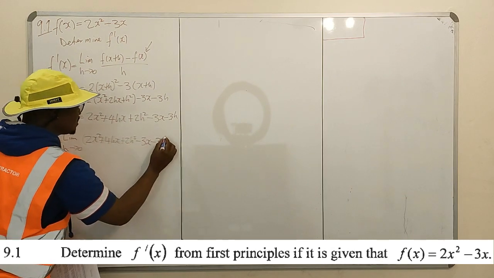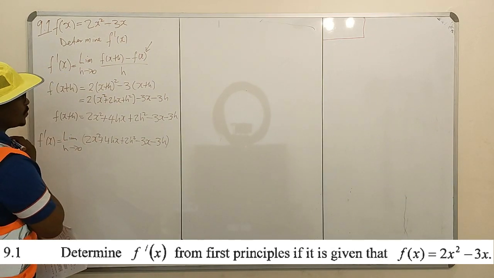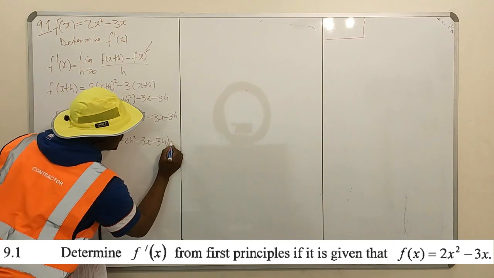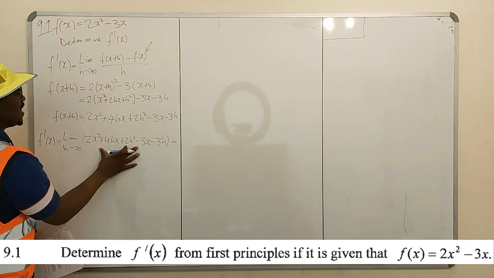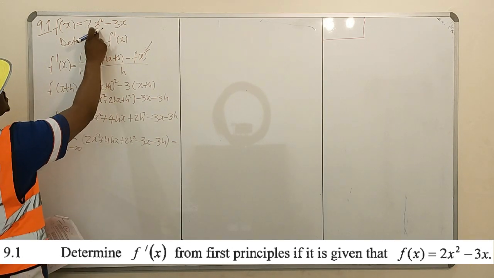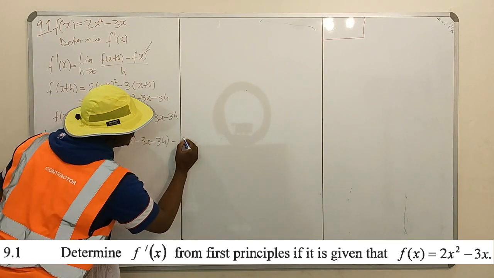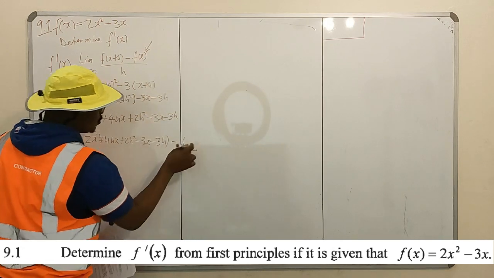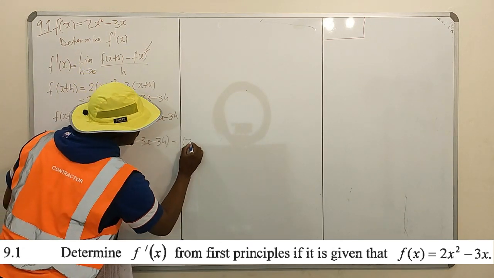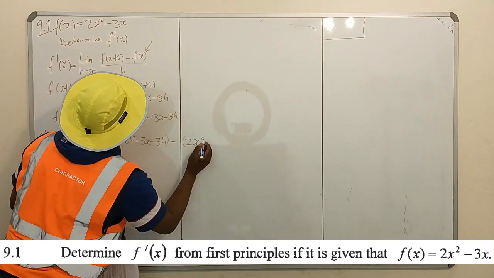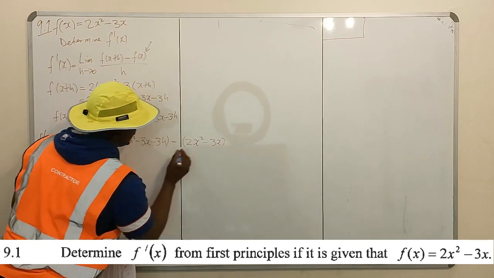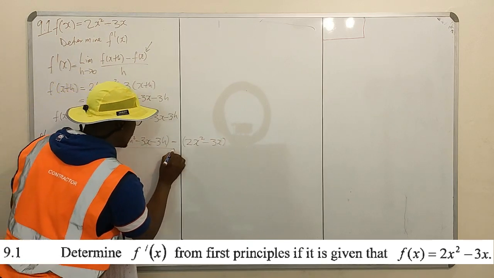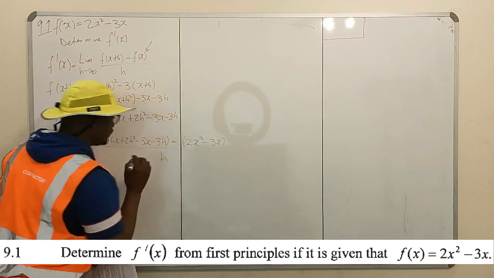From this, you subtract your f of x. What is your f of x? It's 2x squared minus 3x. This is all divided by h.